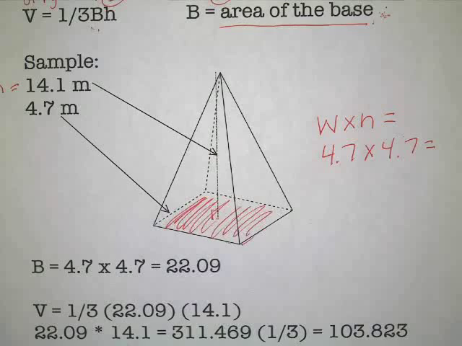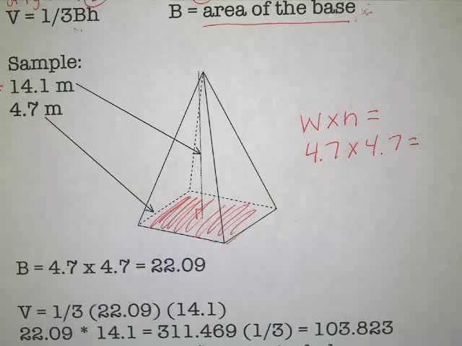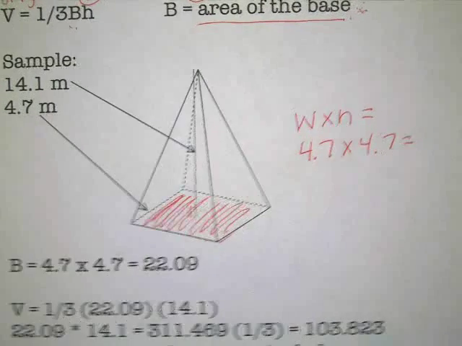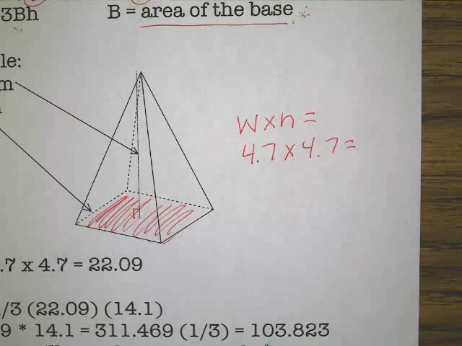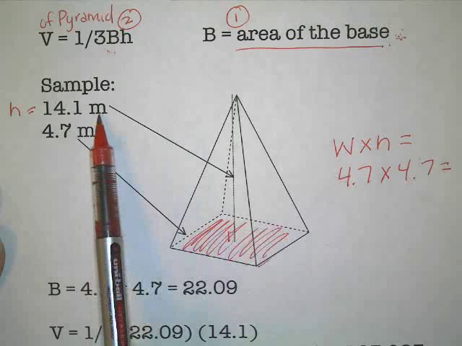22.09 times 14.1 equals 311.469 times 1/3 gives me 103.823. Round it to the nearest unit and you get what? 104. Do you use 1/3 or do you use 0.33?